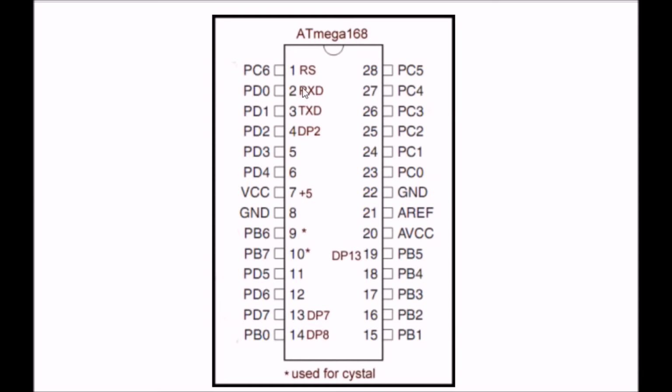What you would call your transmit and receive, digital pin 0 and 1, through digital pin 7 is port D, also known as PD0 through PD7. That's 8 bits. Normally you don't really use PD0 or 1 because that's your transmit and receive for your serial.